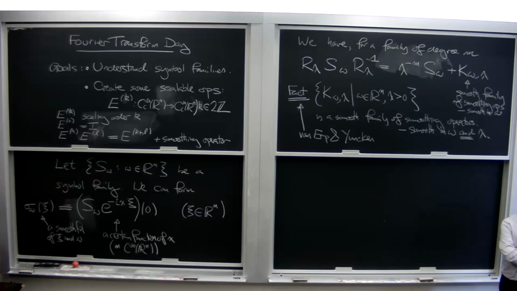You might ask, are those functions uniformly bounded in x and y and omega and lambda, at least over compact sets? That's not obvious, but the Baire category theorem tells you that there's some interval of lambda space where those things are uniformly bounded, and then you're off to the races.